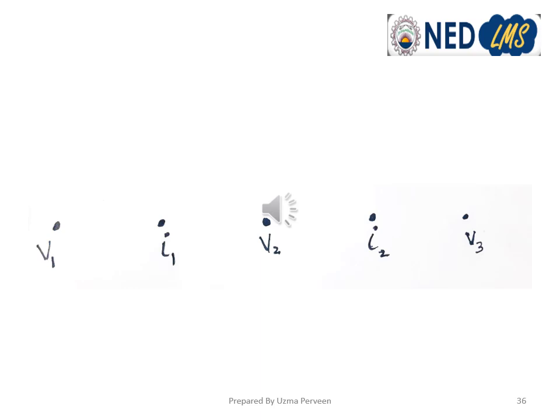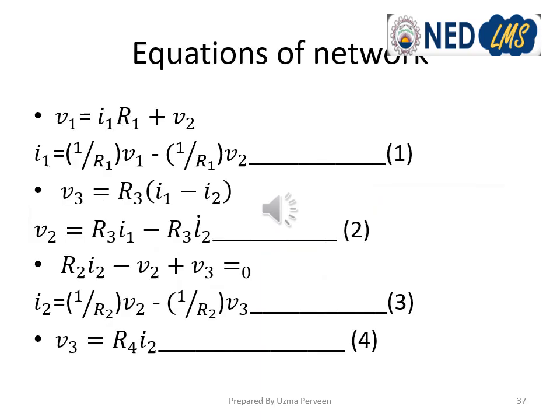When I1 starts flowing in the first loop, V2 builds up, and then when V2 builds up, I2 starts flowing, and the voltage V3 builds up in the next right part of the electrical network. So we have arranged it in this manner: V1, I1, V2, I2, and V3.